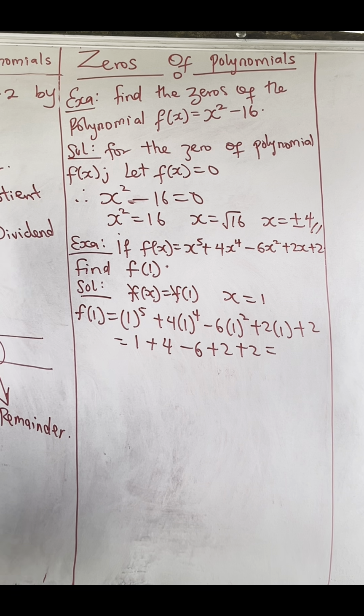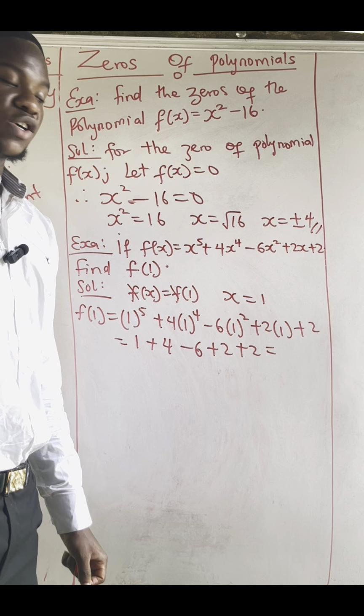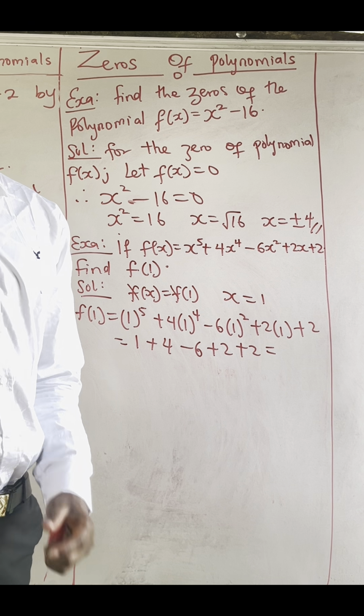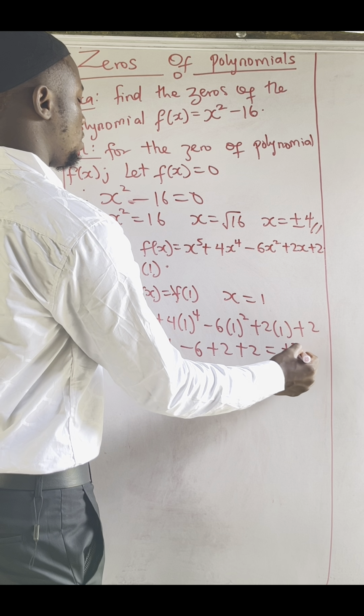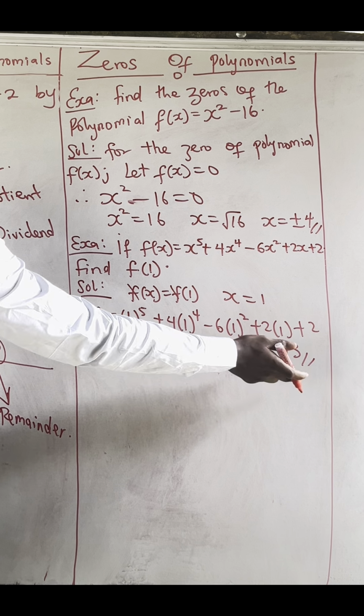So 1 plus 4 is 5, 5 minus 6 is minus 1, minus 1 plus 2 is plus 1, plus 1 plus 2 is plus 3. So my f of 1 is equal to 3.